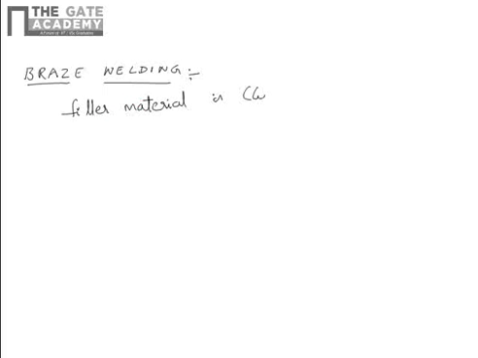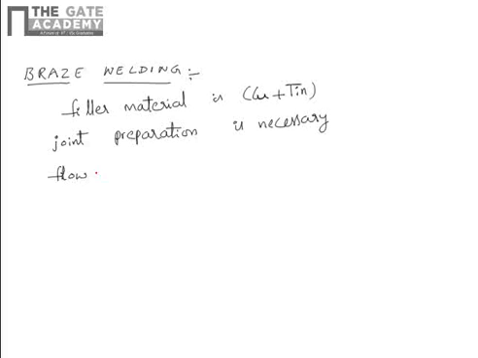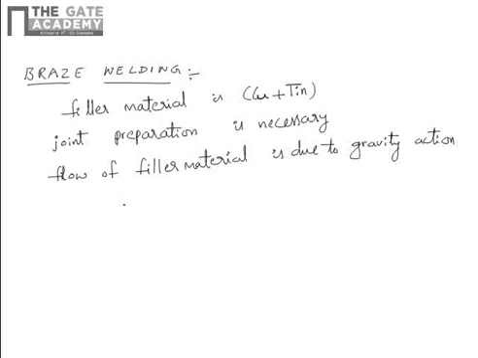Braze welding: the filler material is copper plus tin. Here joint preparation is necessary, and the filler material flows due to gravity action. Braze welding is used to join light thickness components.